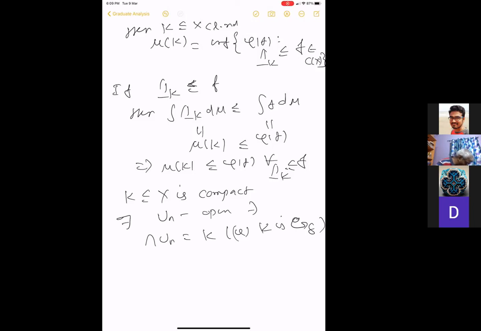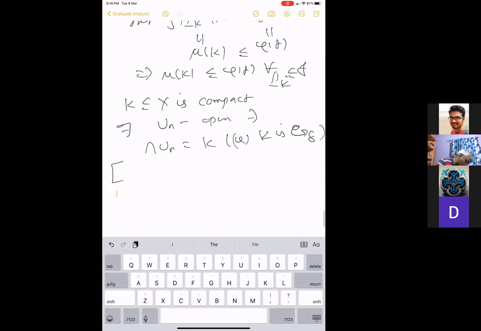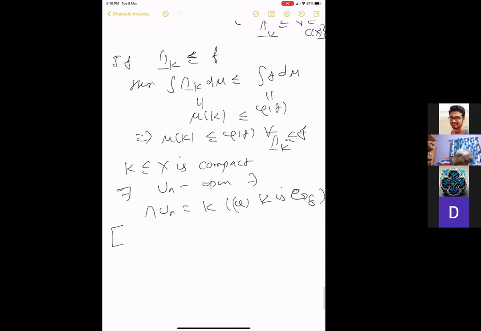That is just clear, no? You might have studied Urysohn's lemma. See, K is compact, then you have this function. You consider all those x in X such that d(x,K) is less than 1 over n.